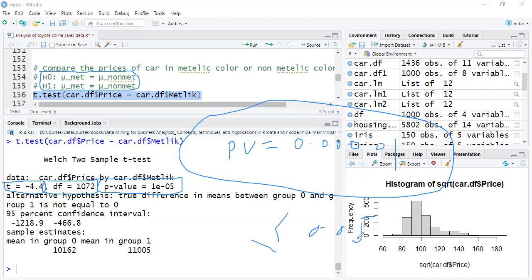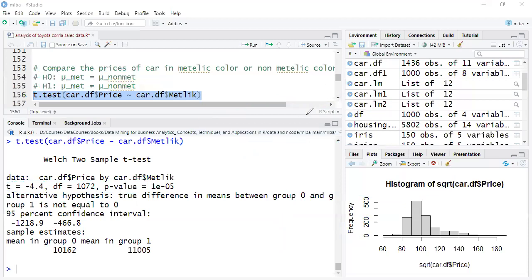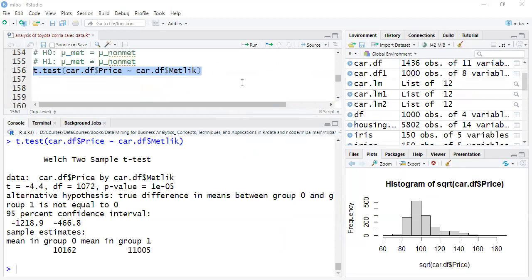Sometimes we compare it with 5%, sometimes with 1%, right? 1% is a strict criterion and 5% is a lenient criterion. At 5%, the null hypothesis is rejected. This hypothesis is not true. The alternate hypothesis is true. The prices are significantly different. The prices of metallic cars are significantly different from the prices of non-metallic cars.